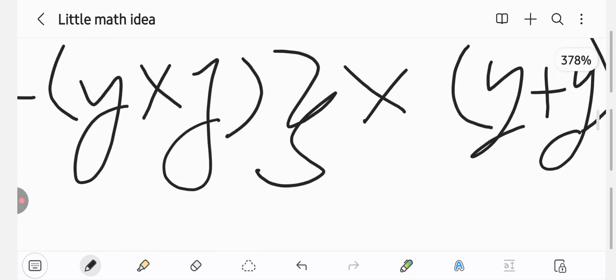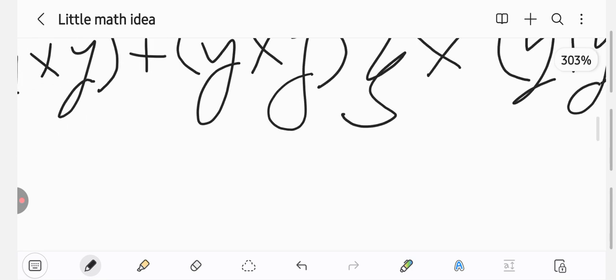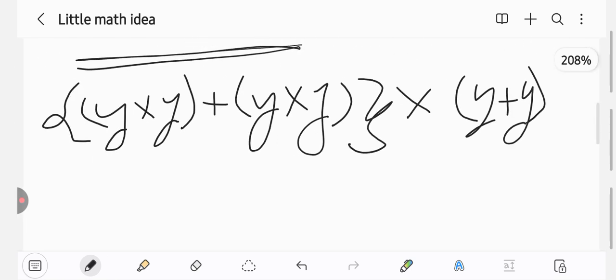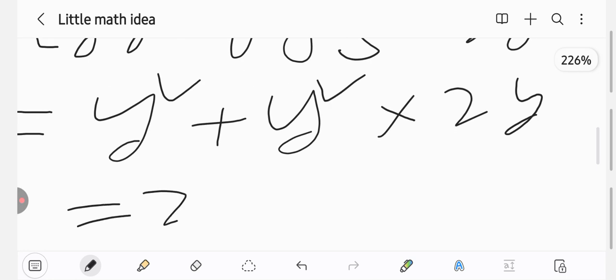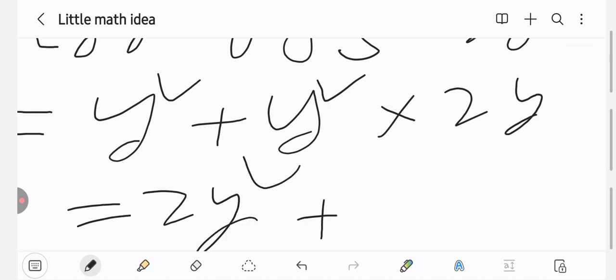Now look, if you just simplify it, what do you get? Simplify the first brackets, so you get y squared plus y squared times 2y. Now what do you get? 2y squared plus 2y. Look, I multiplied the y squared first.